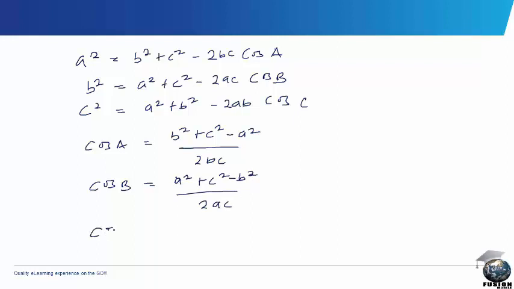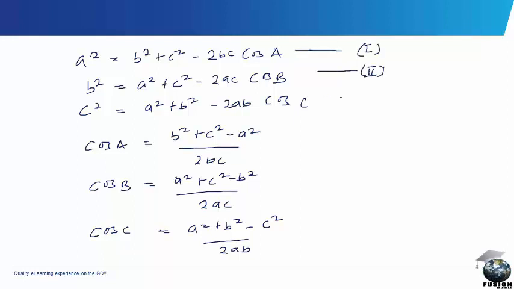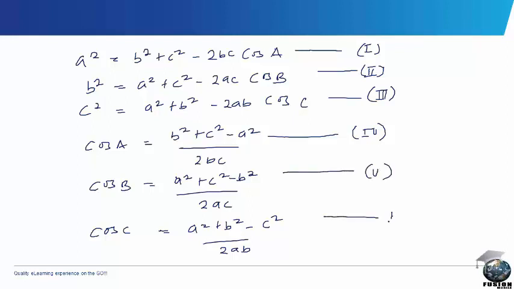And then cos of C will be equal to A squared plus B squared minus C squared all over 2AB. And so these are the formulas we need to determine both the missing sides and the angles.